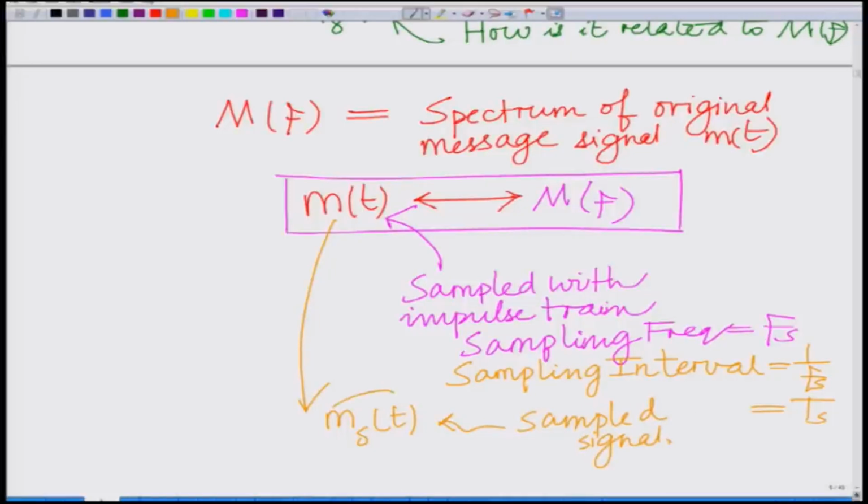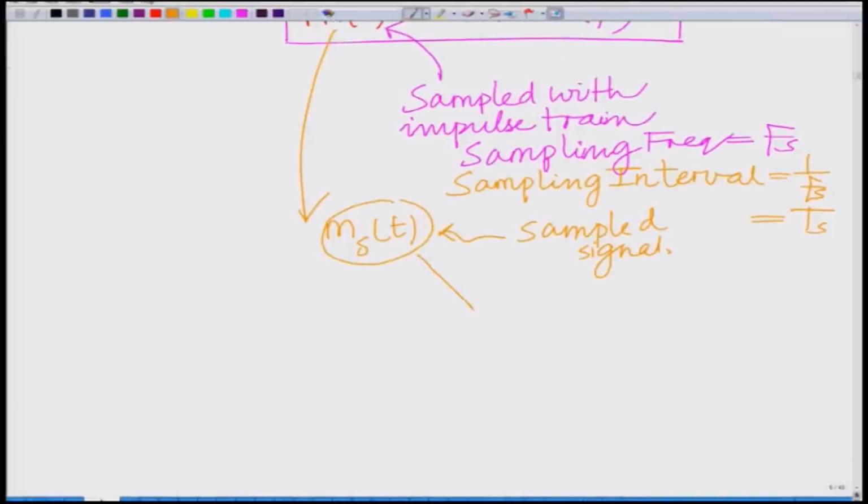How is the Fourier transform of m delta t, which we call m delta f, related to m of f?